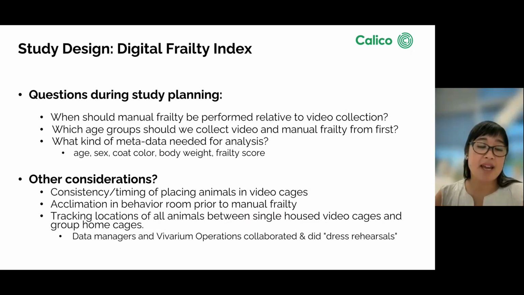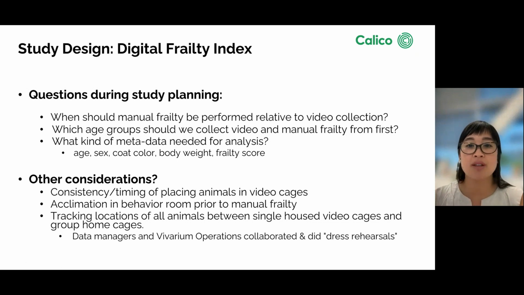And so during study planning, again, reiterating that we really had to have everyone in the room, there was a lot of questions before we landed on that study design. So one, should we do manual frailty relative to video collection? And so our aging researchers really felt strongly that we should do the manual frailty before putting them in their instrumented home cage.